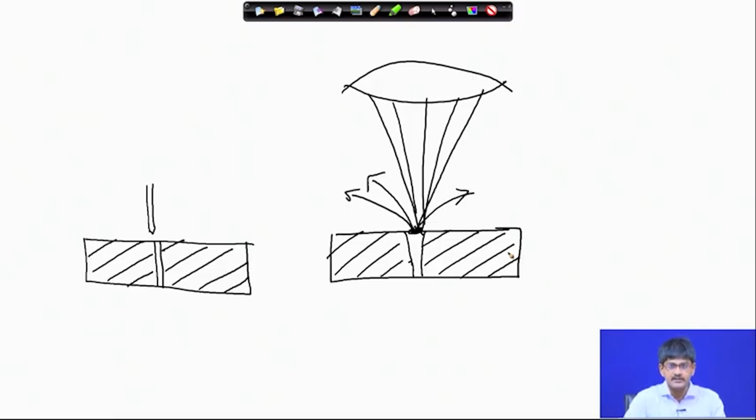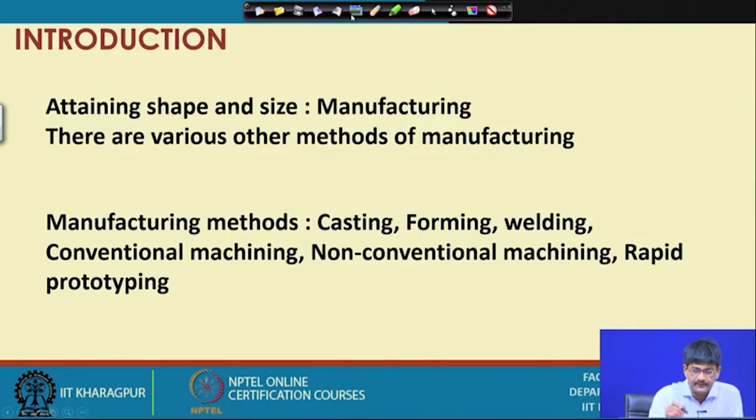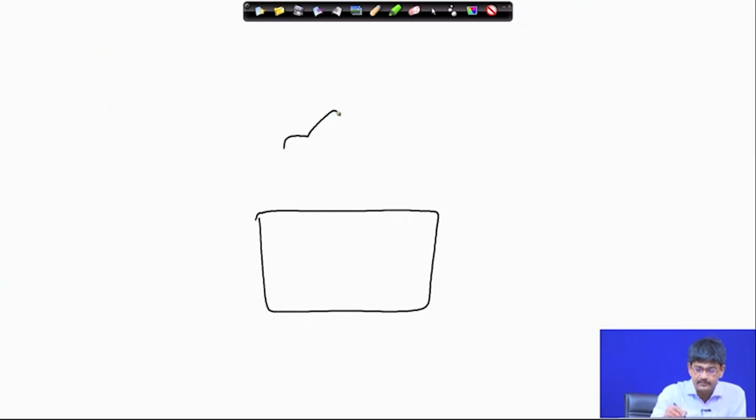Other methods, as I mentioned, can be, you have the part here, and you are supposed to have a job of this type.